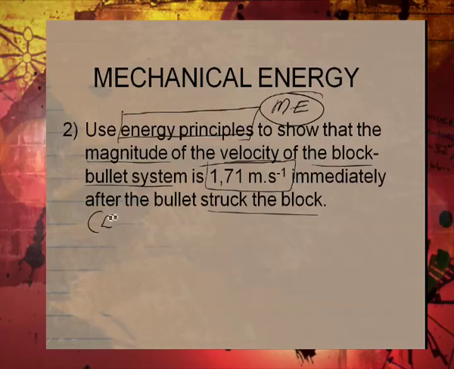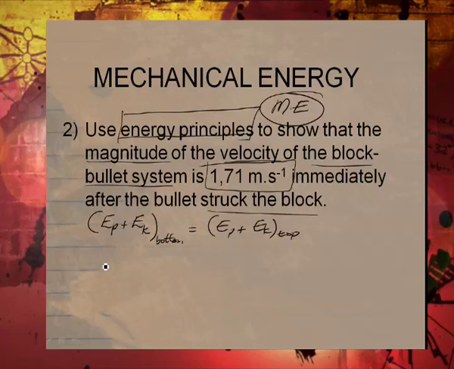So we go back to the principle. We say, according to the principle, the sum of potential energy and kinetic energy, which is mechanical energy, at the bottom should be equal to EP plus EK at the top. So at the bottom, what do we have?